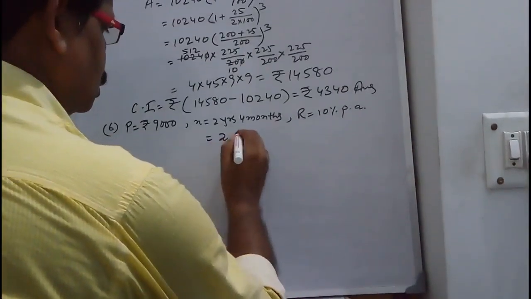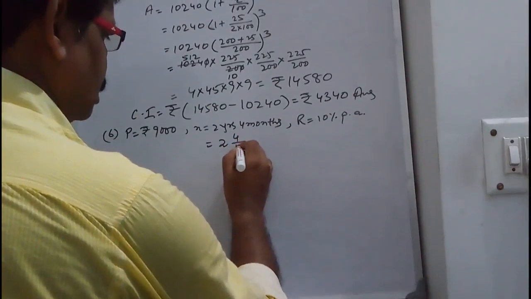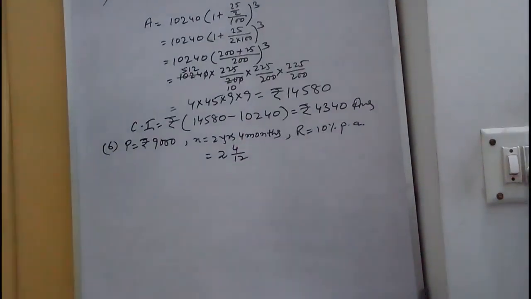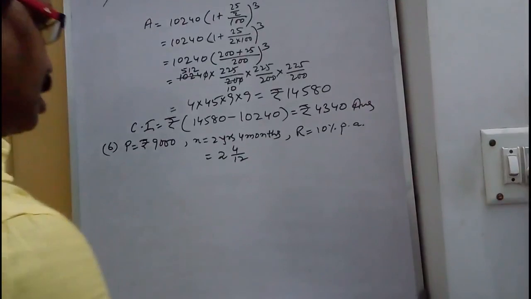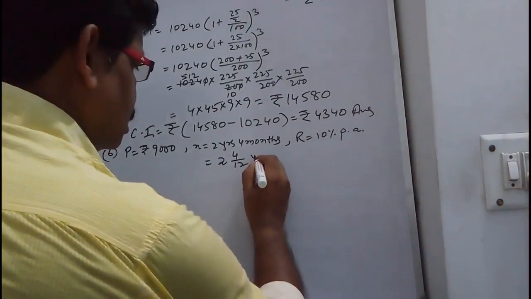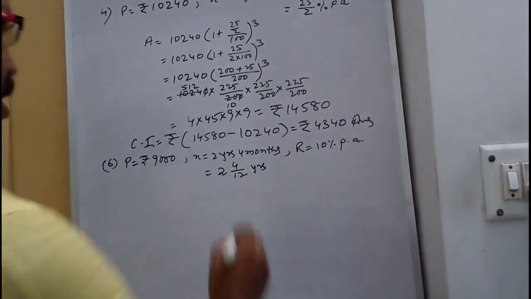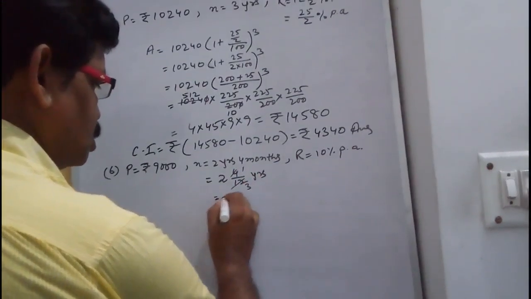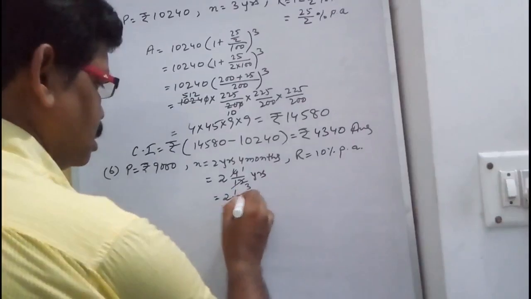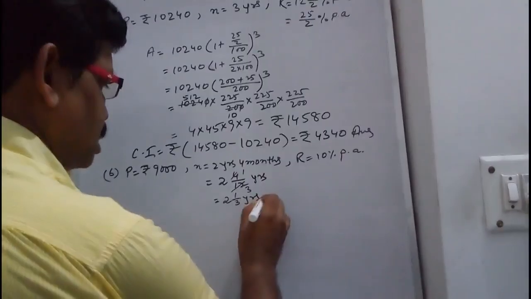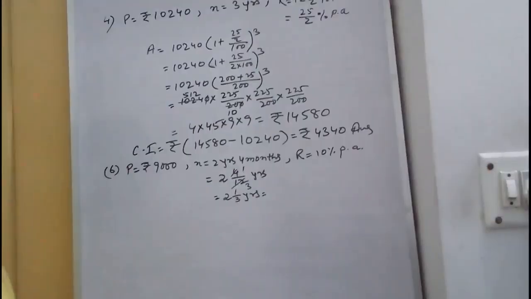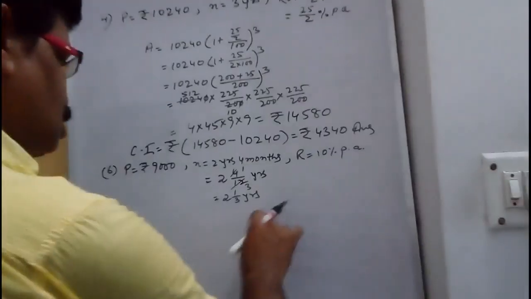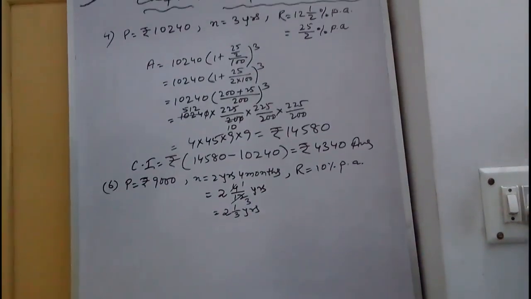So 4 by 12, as months change into years, that's why divided by 12. This totally changes into years. Now cancel, 4 1 4 3. So 2 whole 1 by 3 years.